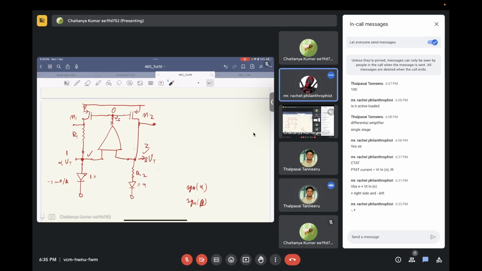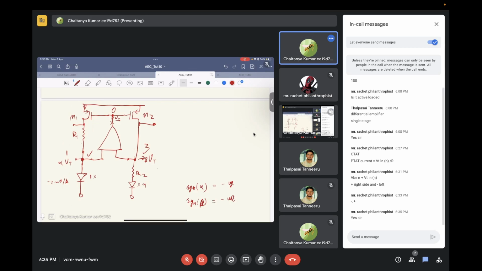And what kind of architecture is this? Common source. Both of them are common source, so both of them will have negative sign. Correct? Yes, sir. Okay. Now, tell me which one will be larger?